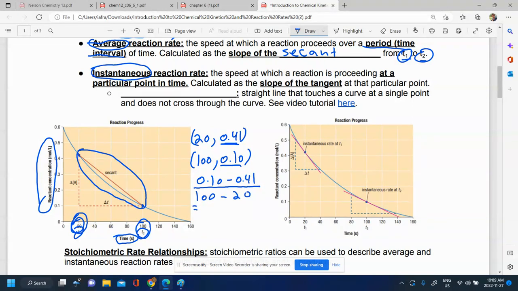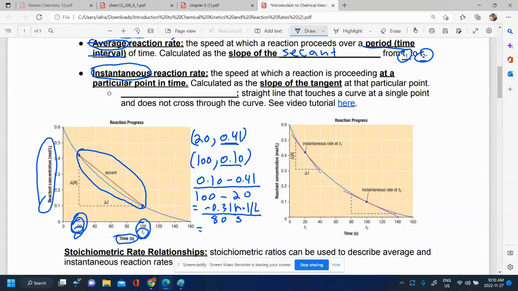And if you plug that into your calculator, well, let's actually do the math here. So we have 0.1 minus 0.41. That gives us about negative 0.31. And then we do divided by 80. And just to keep in mind, remember this was a concentration value at the top here. This was moles per liter, and this was 80 seconds.